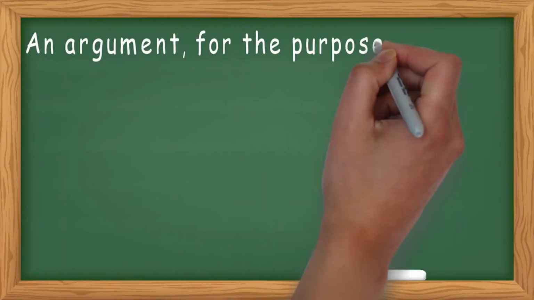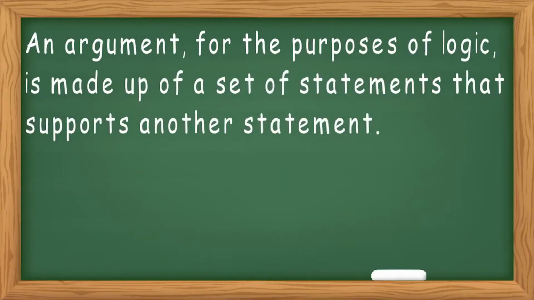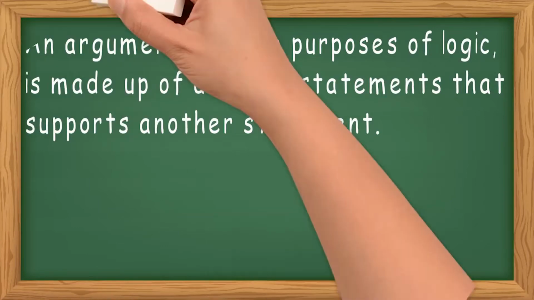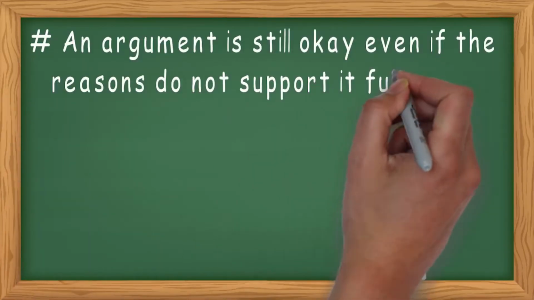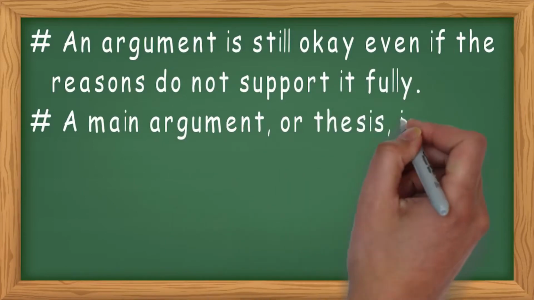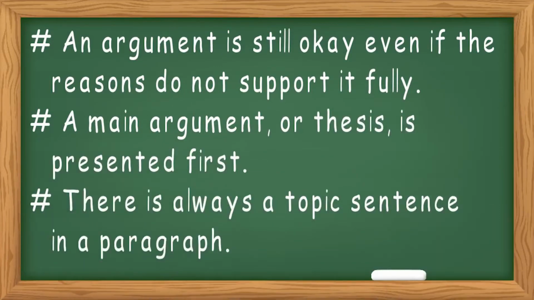An argument, for the purposes of logic, is made up of a set of statements that supports another statement. An argument is still okay, even if the reasons do not support it fully. A main argument, or thesis, is presented first. There is always a topic sentence in a paragraph.